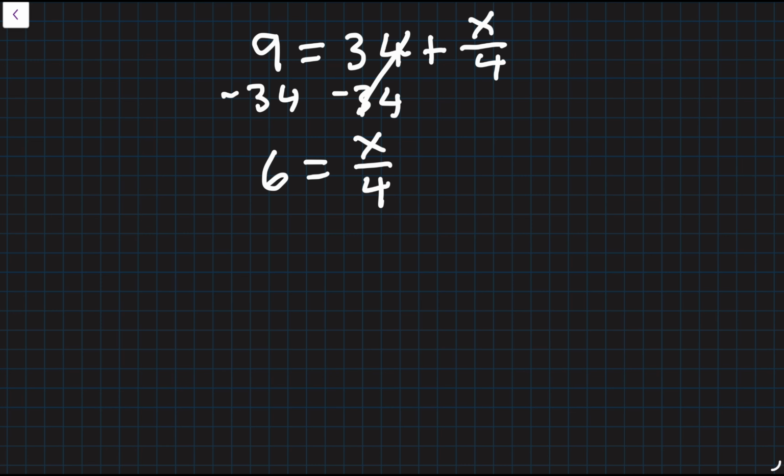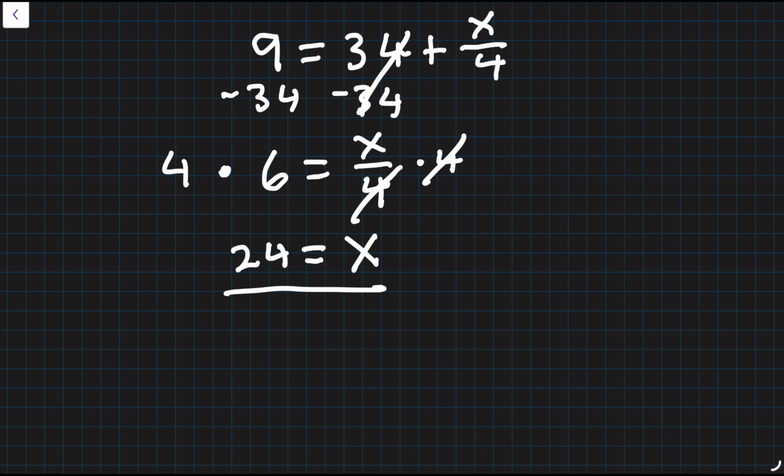We're going to multiply by 4 on each side. So times 4, times 4. Negative 25 times 4 is going to be negative 100 over here, and 4 times 4 cancels on this side, and we're left with x. So this is going to be our final answer.